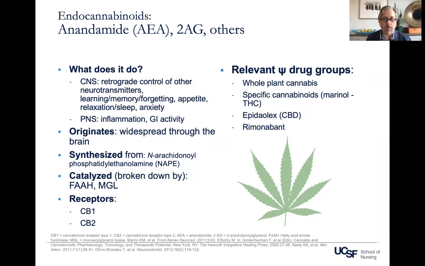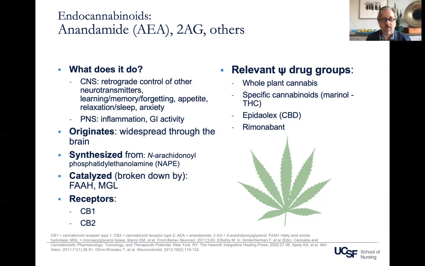So once you find the receptor, the quest then becomes to find what plugs into that. And what was discovered once the CB1 and CB2 receptors were found was that indeed our brain makes its own cannabinoids, and things such as anandamide and 2-AG are examples of the best studied endogenous cannabinoids.